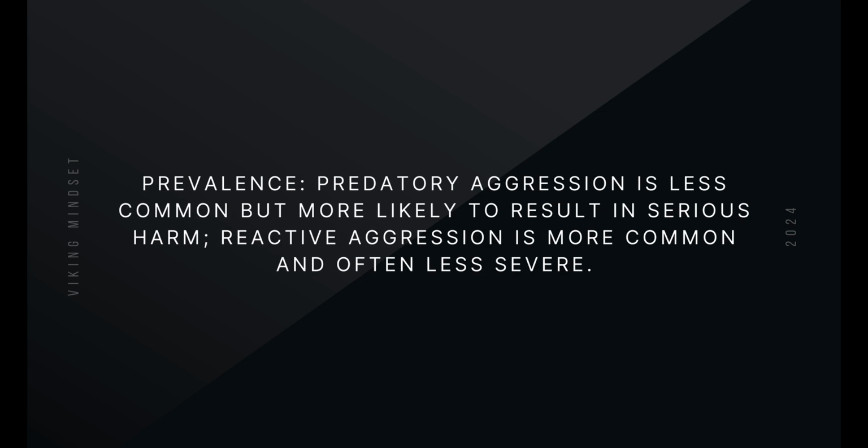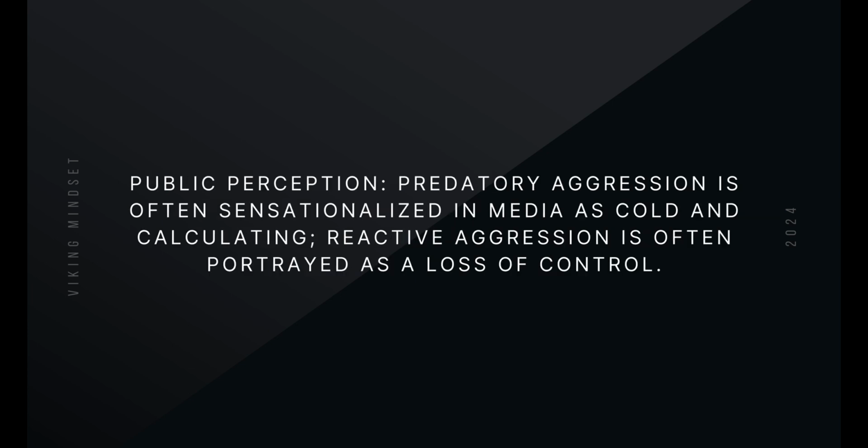As far as prevalence goes, predatory aggression is much less common but more likely to result in serious harm. Reactive aggression is more common and often less severe. Now, with public perception, predatory aggression is often sensationalized in media as cold and calculated, whereas reactive aggression is often portrayed as a loss of control.